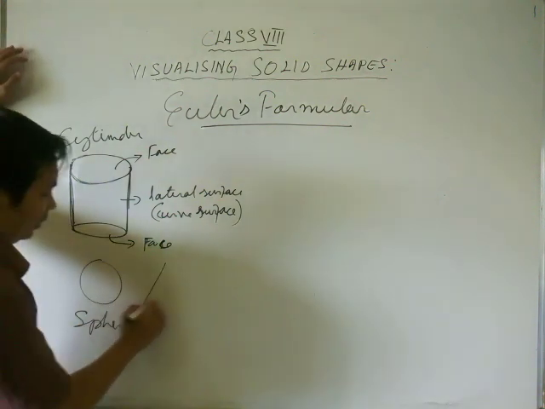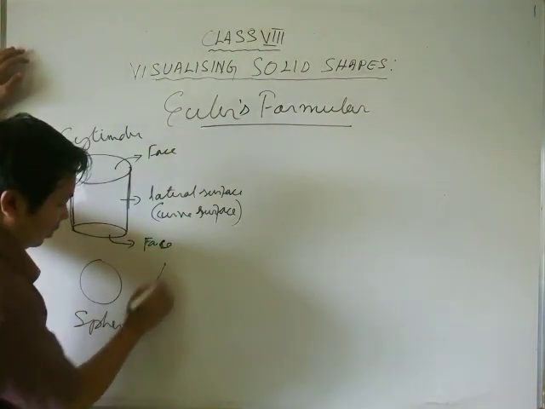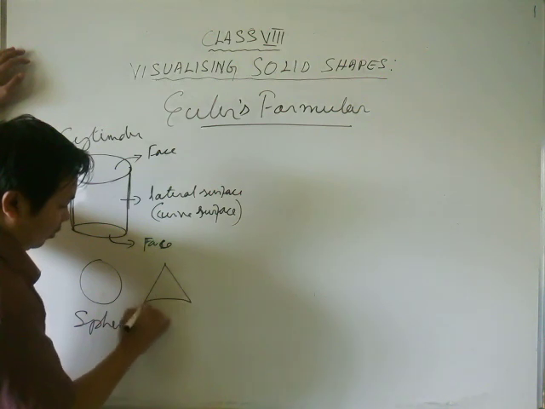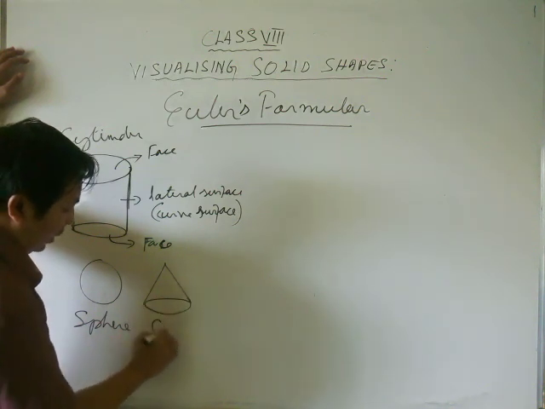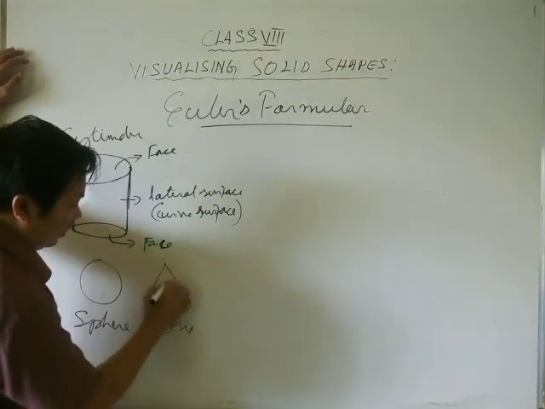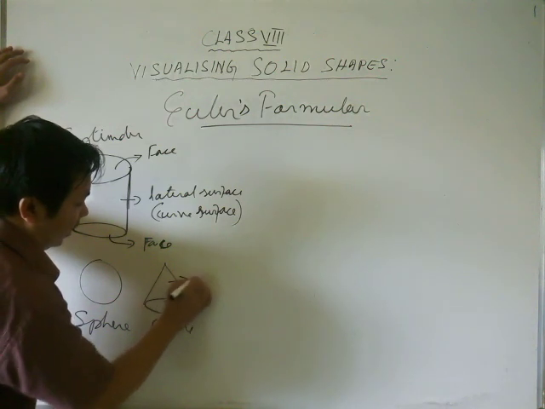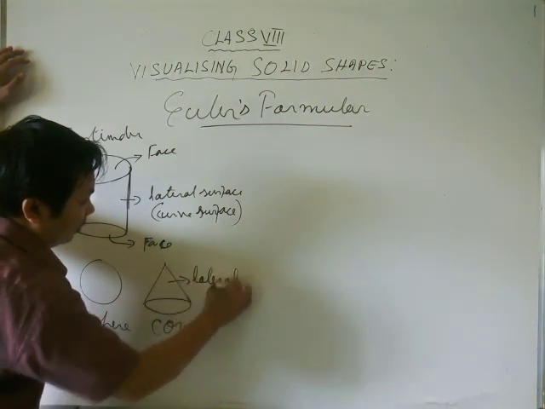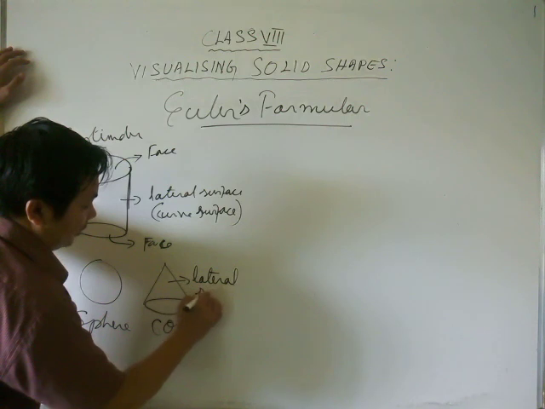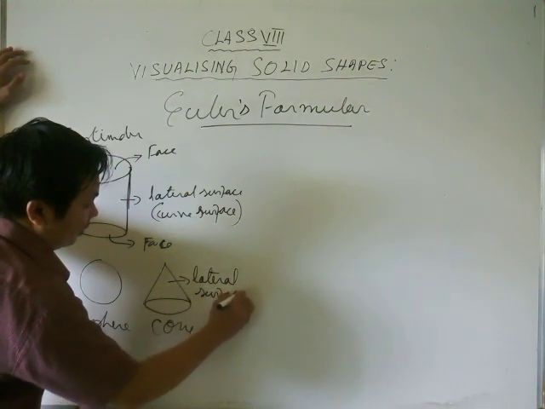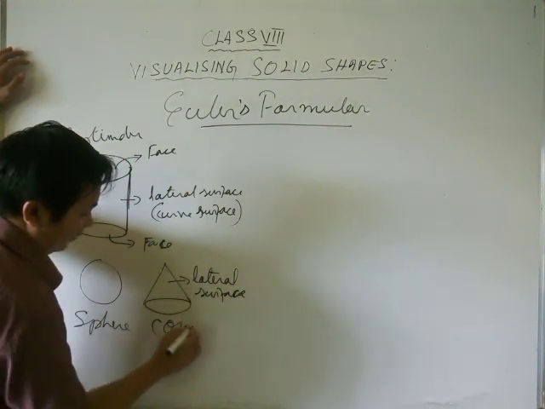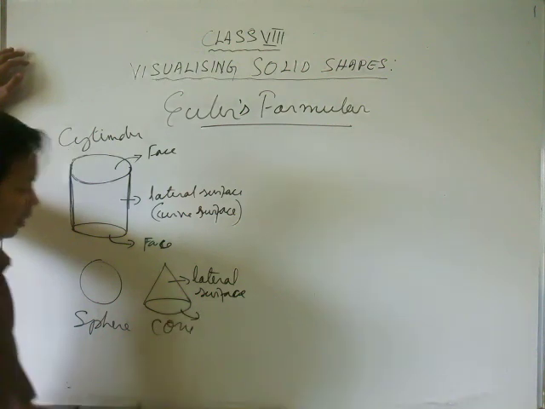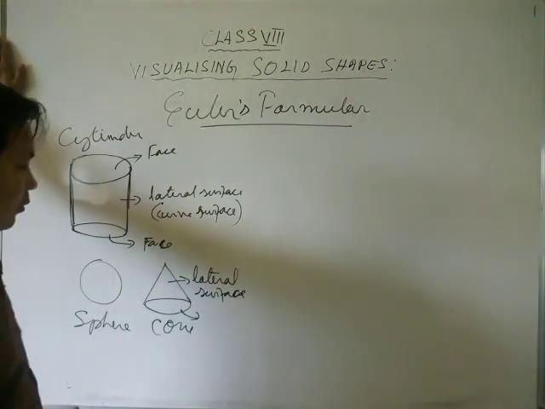Here also, for example, this is cone. This is cone. Okay, this is called cone, isn't it? This is also called lateral surface. Lateral surface. Okay, and this is called the flat surface or equal face.